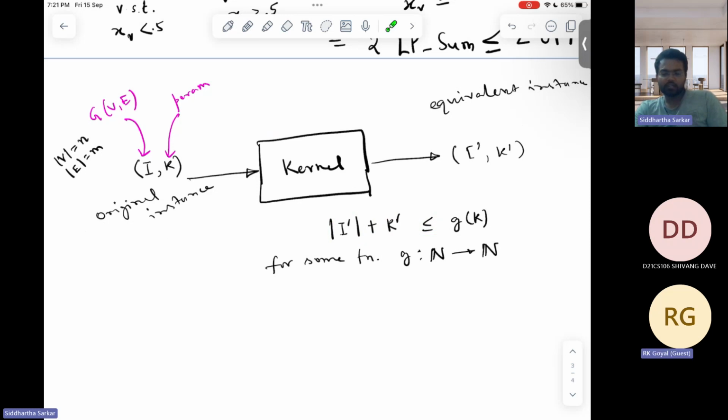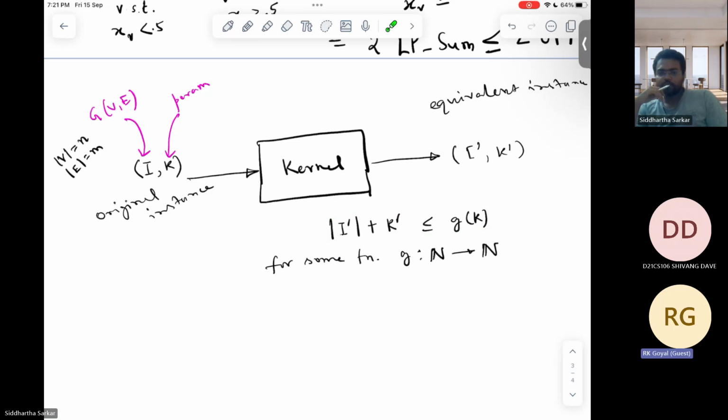For vertex cover, k dash is at most I dash, because the parameter is the output size, and the output size is at most the input size, so it makes sense to remove k dash for vertex cover. But in the general definition, this is the case.